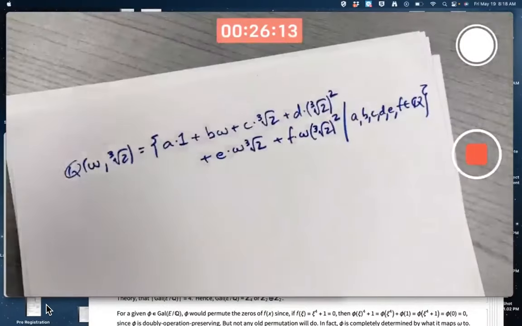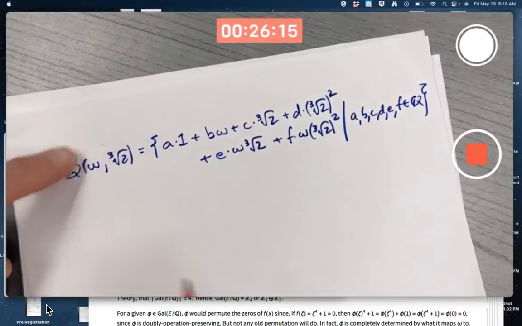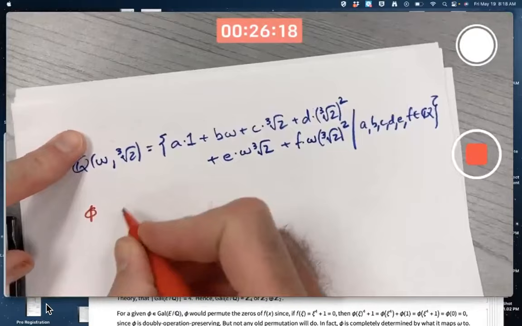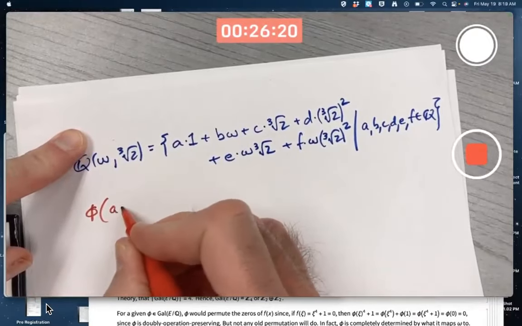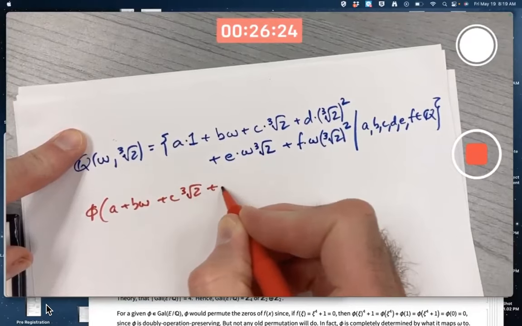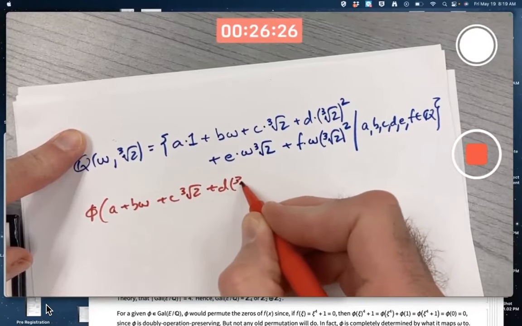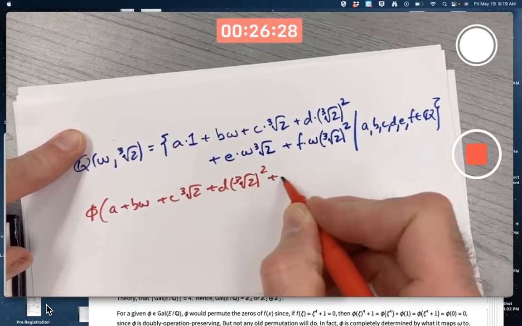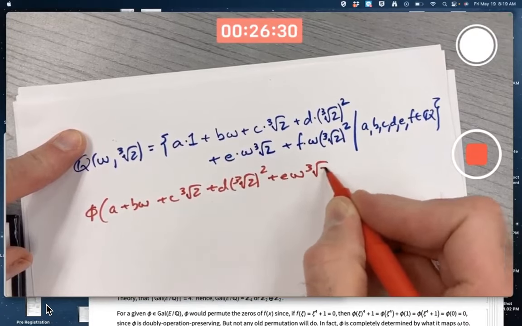Because if you apply an arbitrary automorphism to such a linear combination, this is worth writing completely out here.